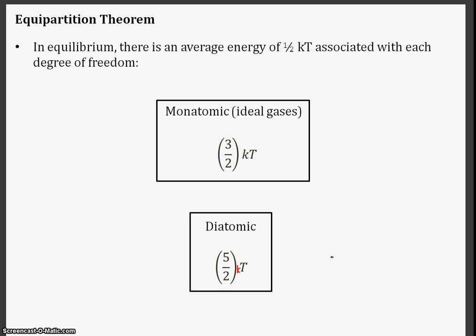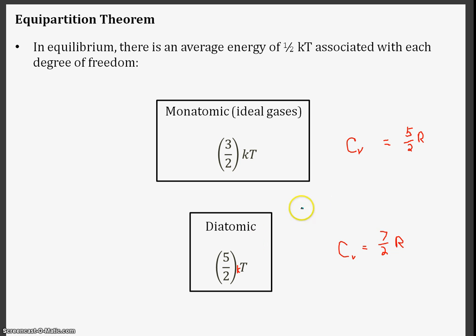We're also going to see that this changes the heat capacity. The heat capacity at constant volume for a monatomic gas was 3/2 R. For a diatomic gas, that CV is 5/2 R. This is going to end up changing your gamma as well.